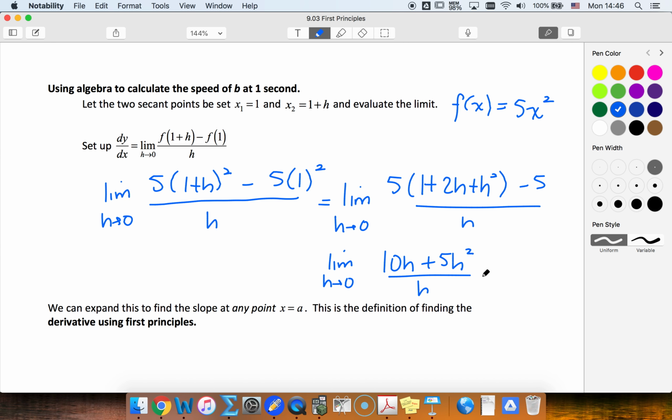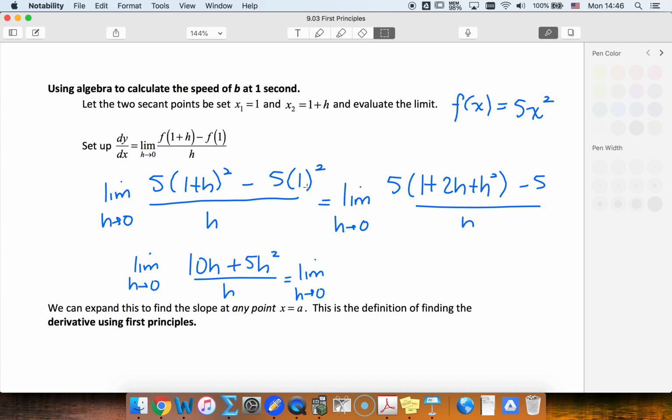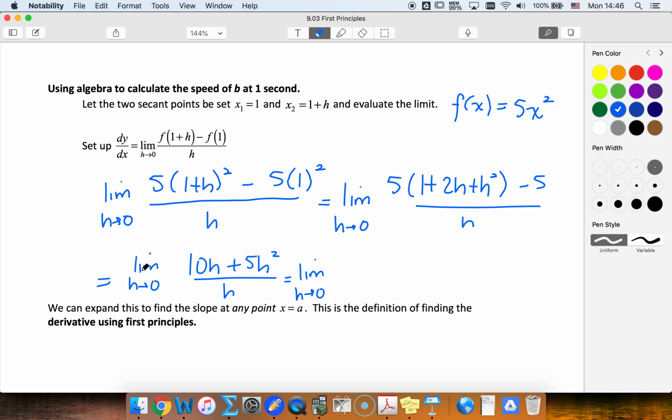Now my h's cancel. Limit as h goes to 0 of 10 plus 5h. Now I can evaluate, and that gives us 10, matching what we suspected.